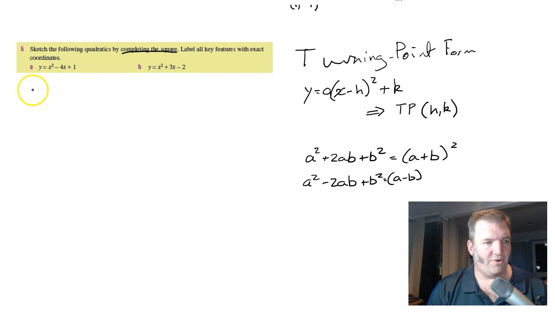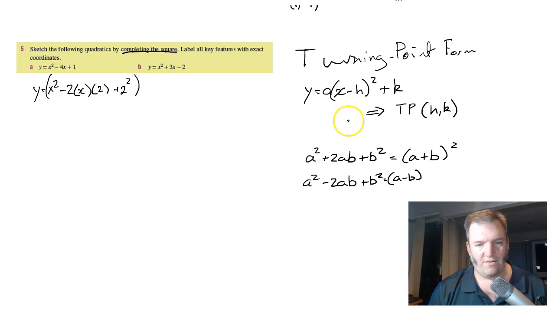Let's try again. So we've got y equals x squared take 4x plus 1. So I'm going to rewrite it. x squared minus 2 times x. What's the other number that I need in there so that it's still equal to 4x? It must be 2. Here's where I cheat and add on a little bit. So I add on 2 squared. That's now completed the square.